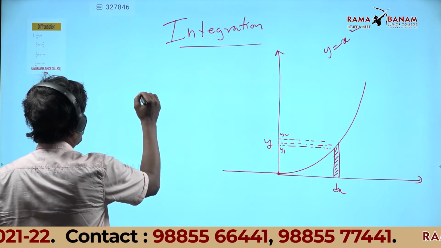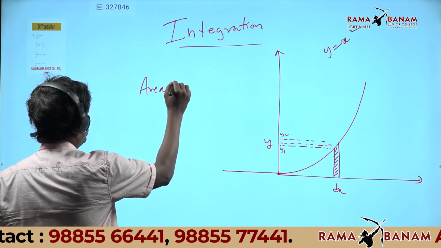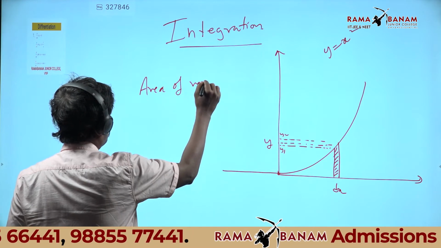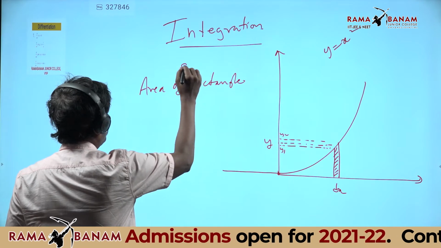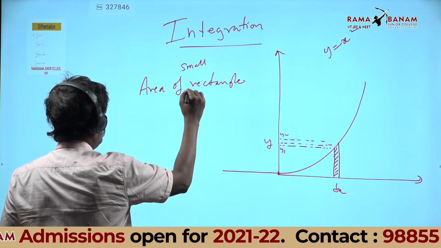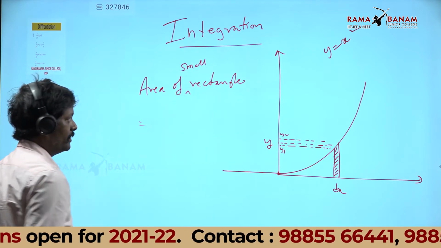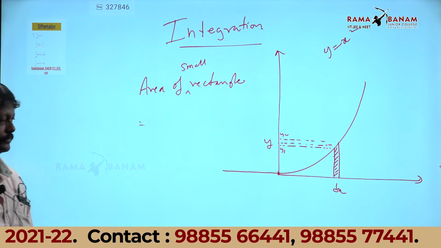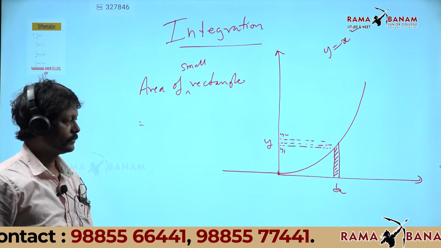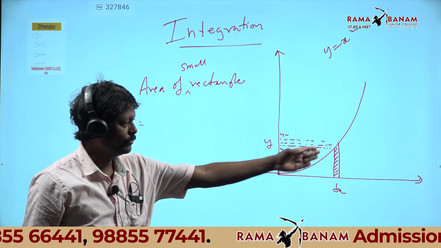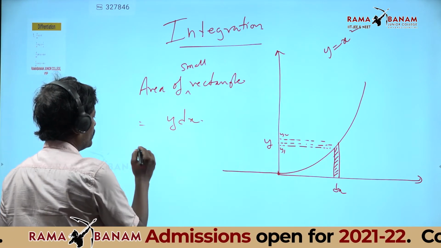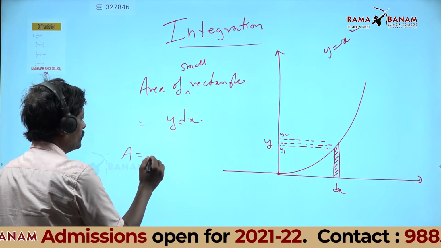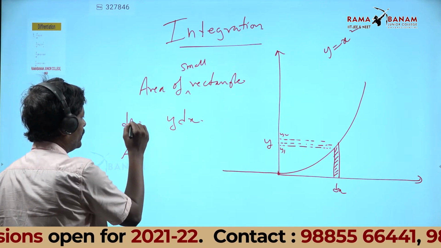So the area of the small rectangle, can anyone tell me? y dx, y dx. Now this is your dA.